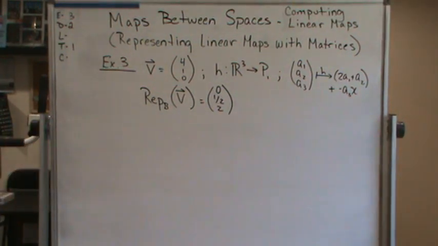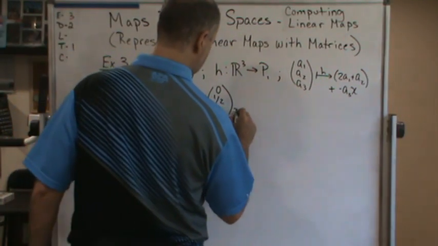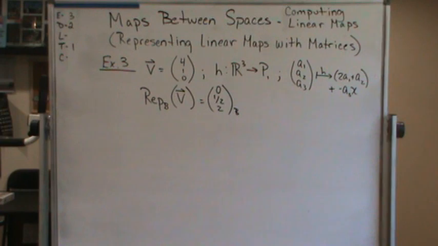I leave it to you to go back to that example with the bases and verify that. And so the matrix vector product gives the representation of the value of h of v with respect to the codomain basis D.